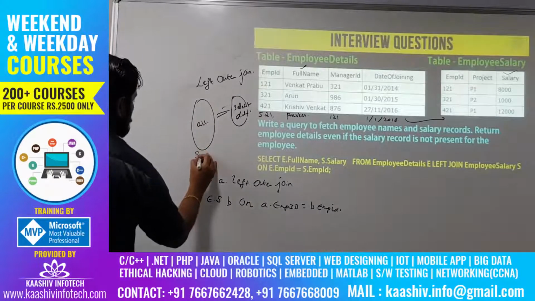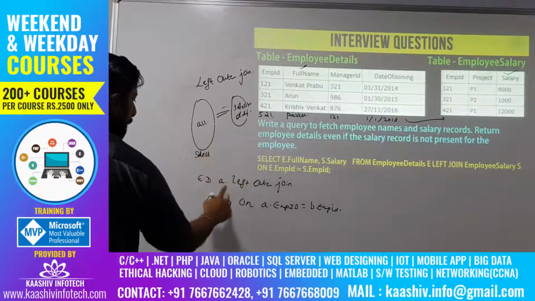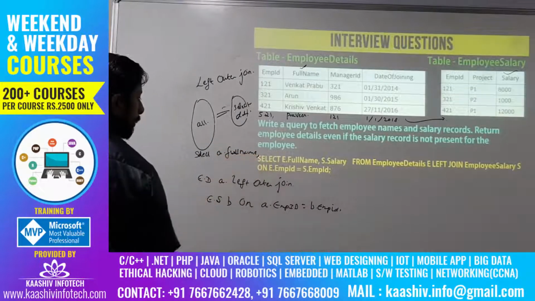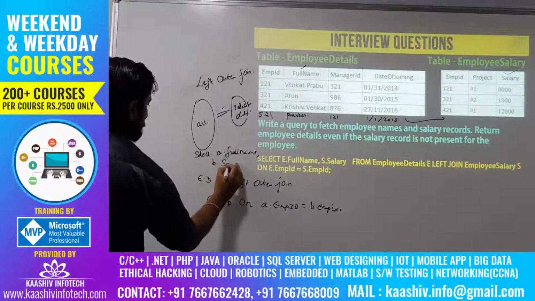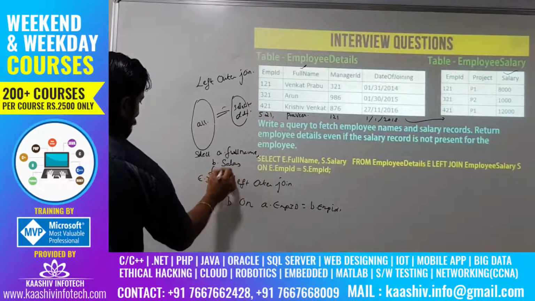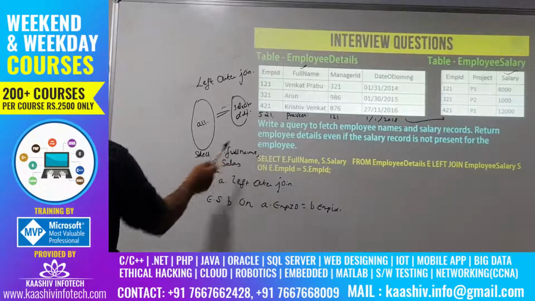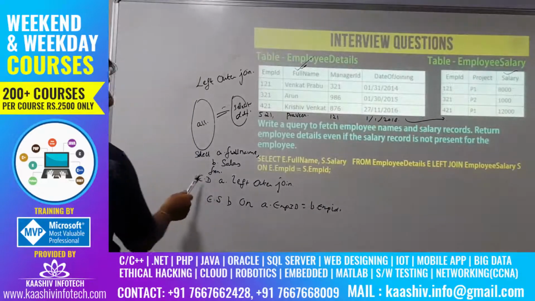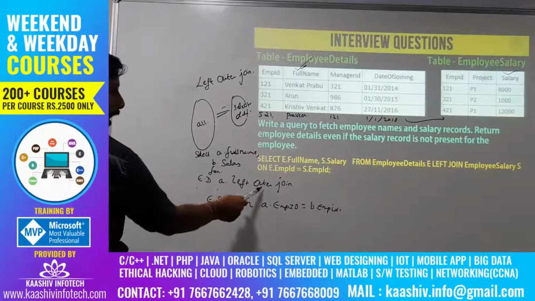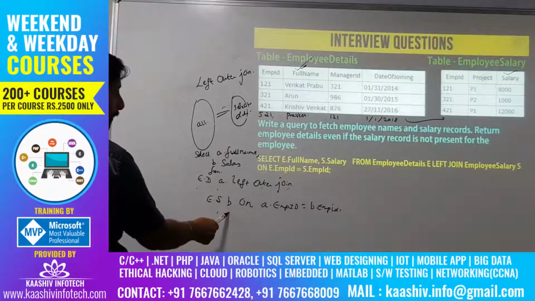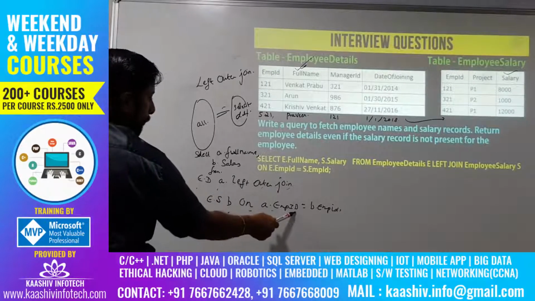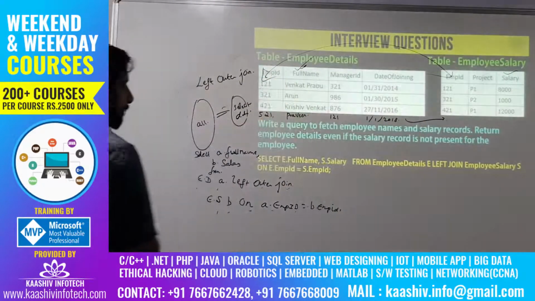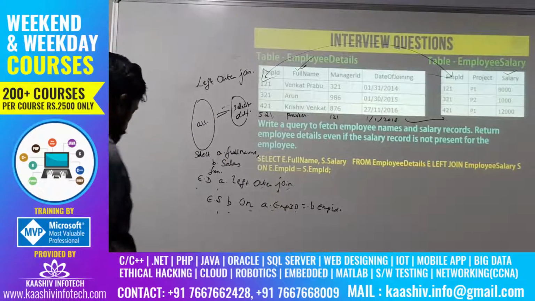Select A dot full name, comma B dot salary from employee details table A, left outer join employee salary B on A dot employee ID is equal to B dot employee ID. So I joined these two tables. This is how you should write the query for this particular question.